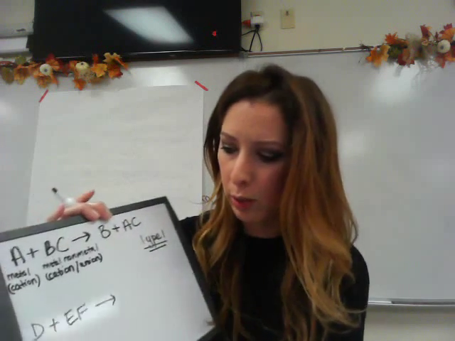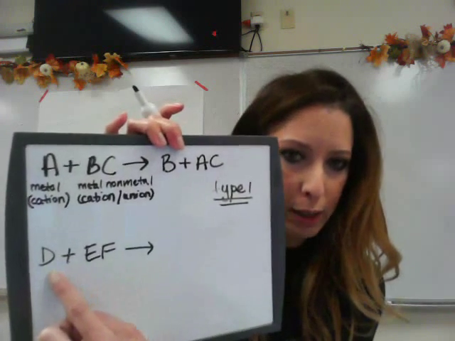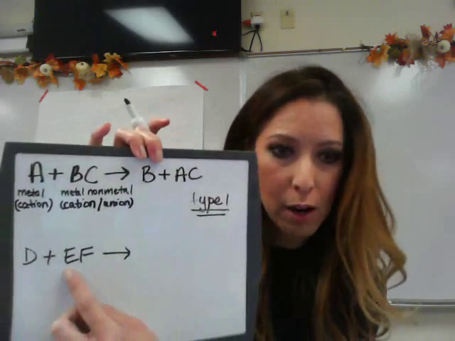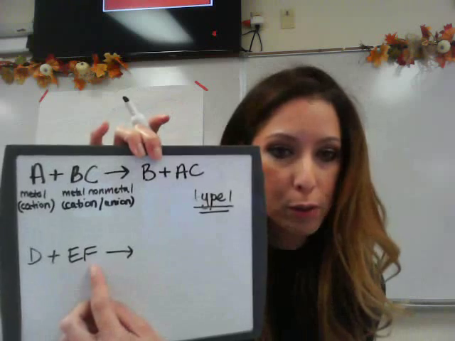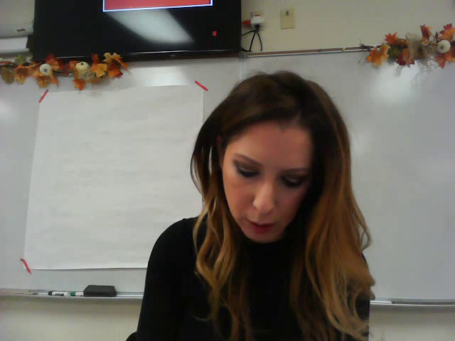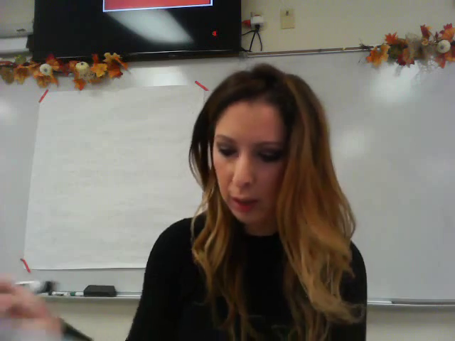and this occurs when you have a non-metal by itself and it's going to combine with a compound that contains a non-metal. So F would be your non-metal. So I'm going to write non-metal underneath compound D, metal underneath E, and non-metal underneath F. Okay?